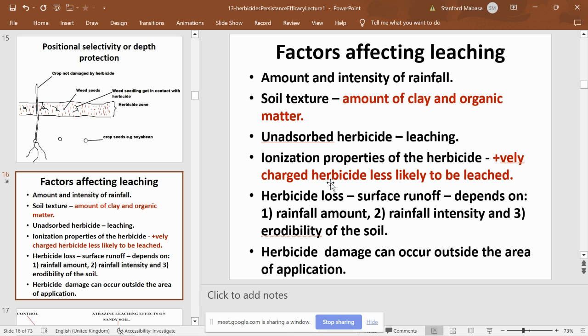The herbicide loss, we can have surface runoff, which may depend on the rainfall amount, rainfall intensity, and the erodibility of the soil. So what we are saying is that if our soils are not properly conserved, soil erosion can make herbicides to be lost, and they may actually kill certain plants outside the herbicide application area.